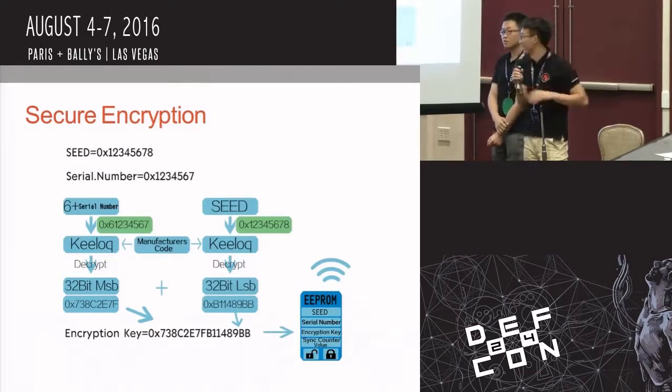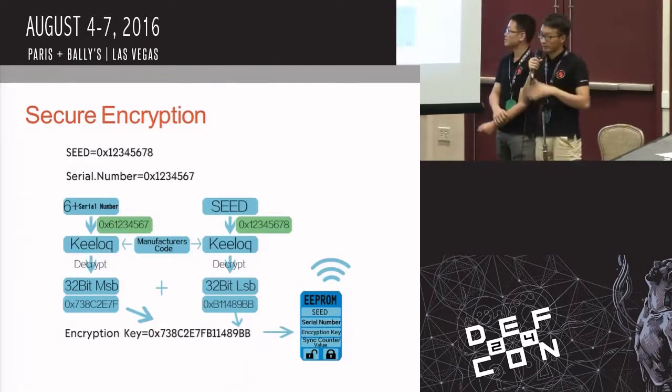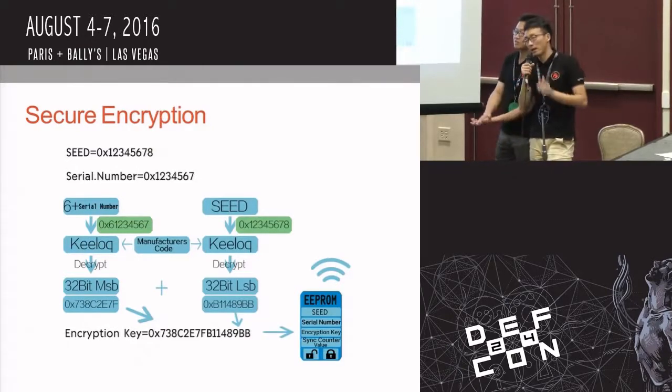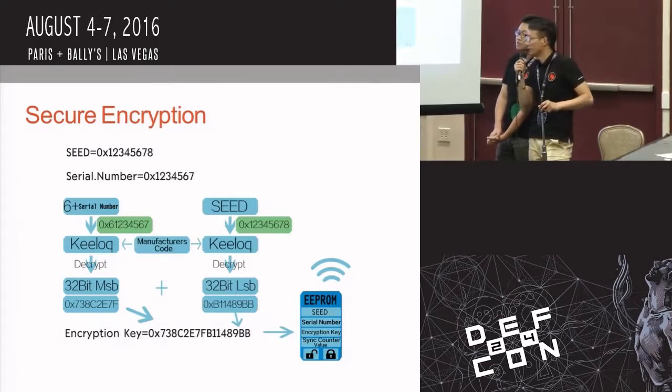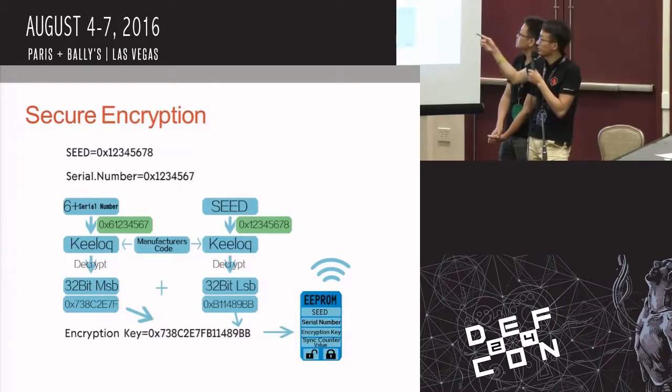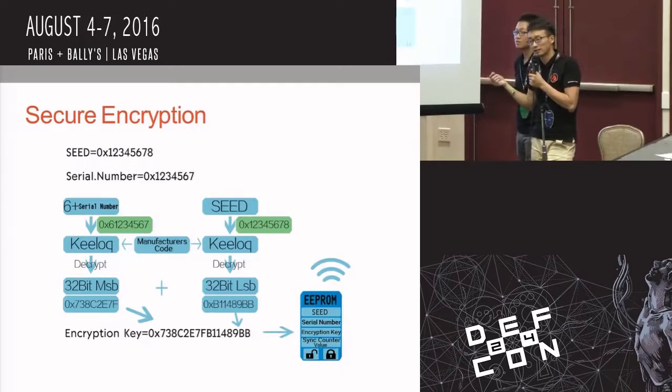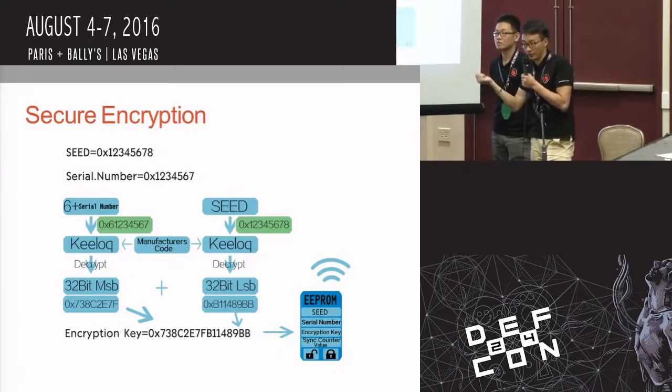Actually, we are talking about the initialization of the encryption key, how the car manufacturer initializes the encryption key for their key fobs. There are three methods: the simple version, the standard, and the secure encryption. Because the secure encryption has a seed, even if you extract the seed from one vehicle, you cannot use that to open other vehicles.